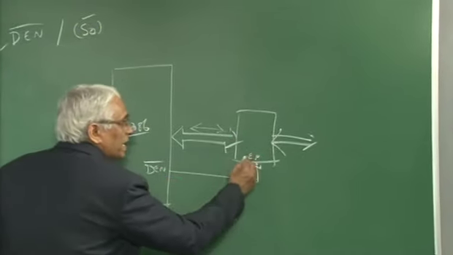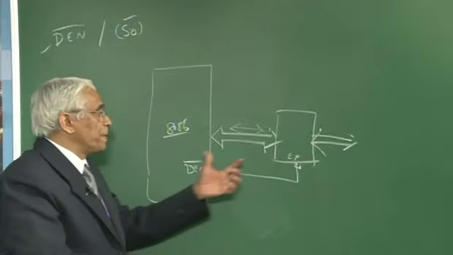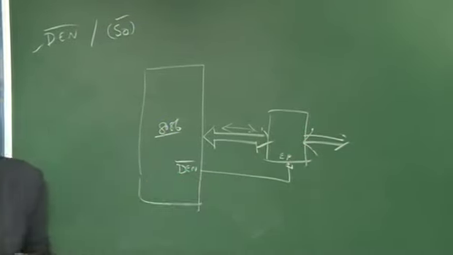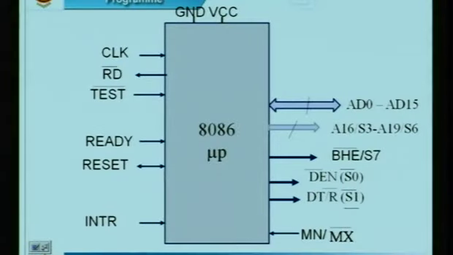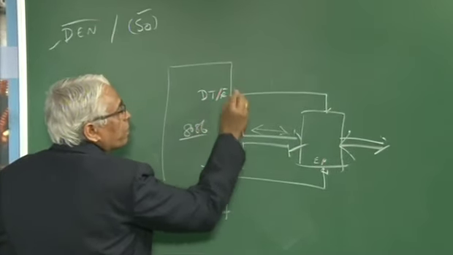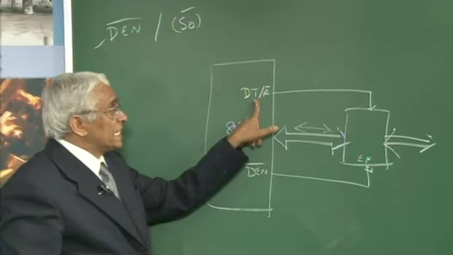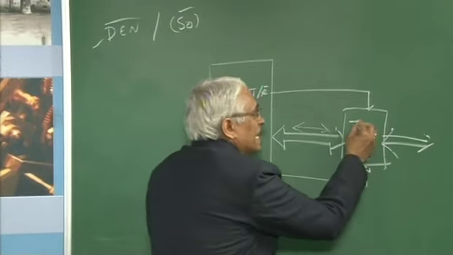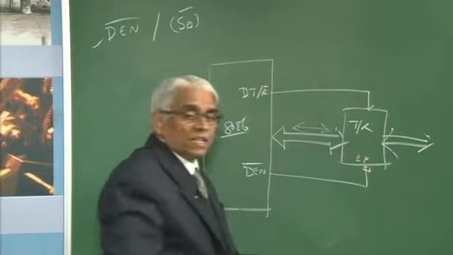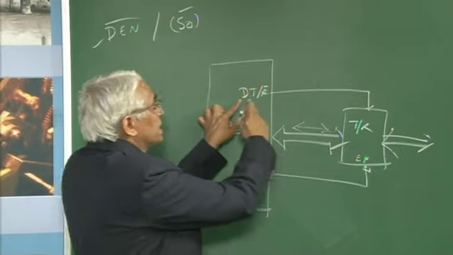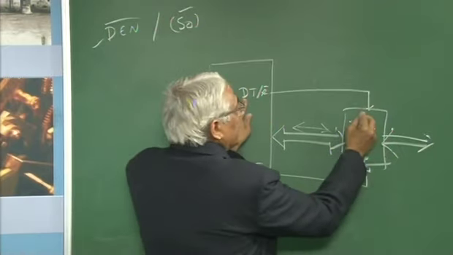So, we have a chip that is connected, and this chip is enabled using the data enable signal, and we have another signal called data transmit or receive bar. This is a signal that enables this particular device, which we call a transceiver, to transmit the data when this signal is high.